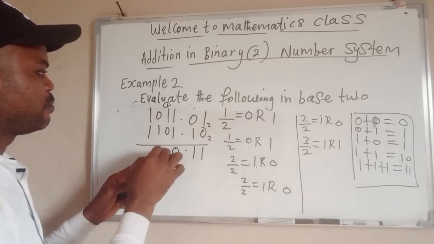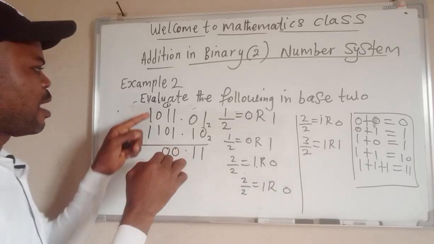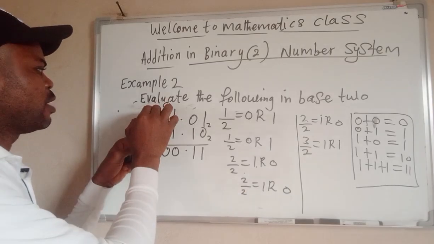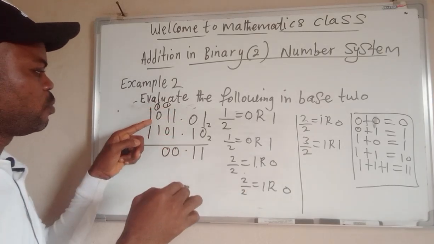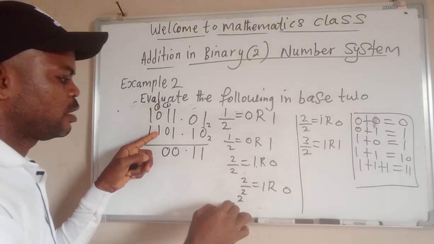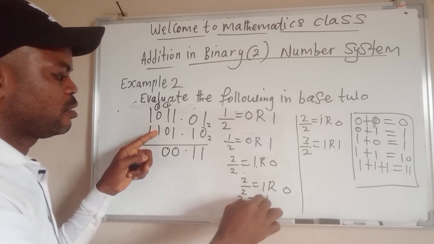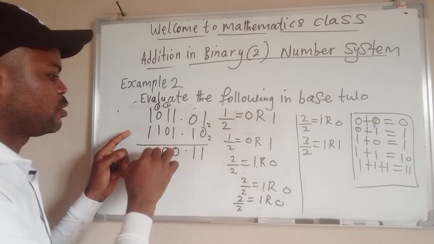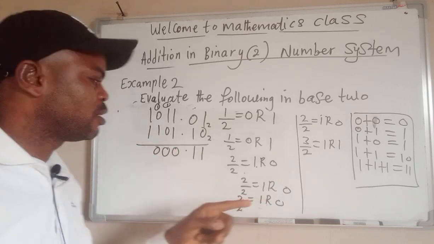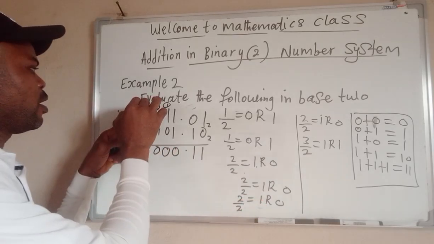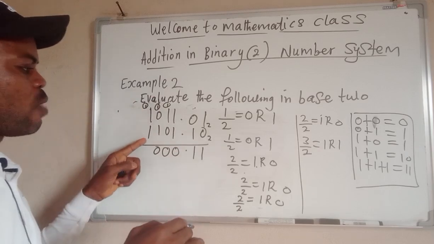So now you have 0 here again. How about here? Take the 1 over to this again. So 1 plus 0 plus 1 gives you 2 again, divided by 2. That will give you 1, remainder 0 again. So you write down the 0, you carry the 1 over to the next line. So it comes here. So 1 plus 1 plus 1.